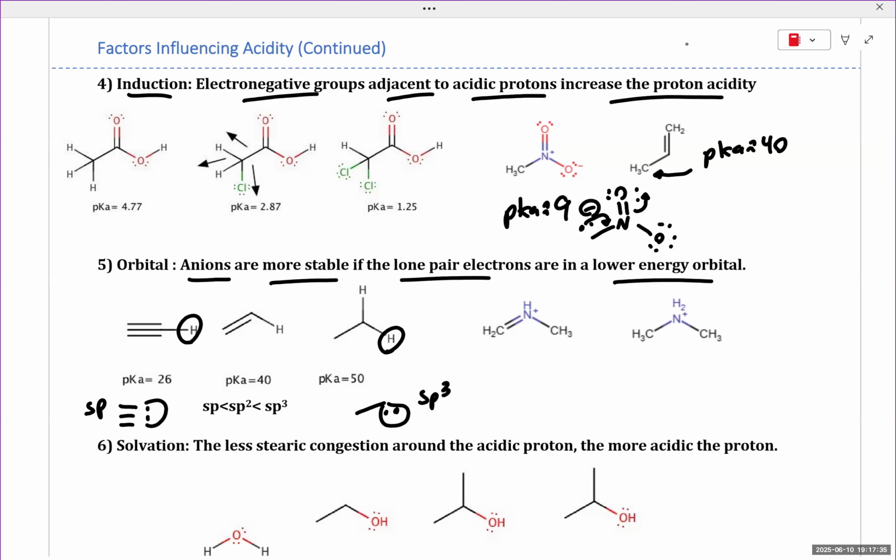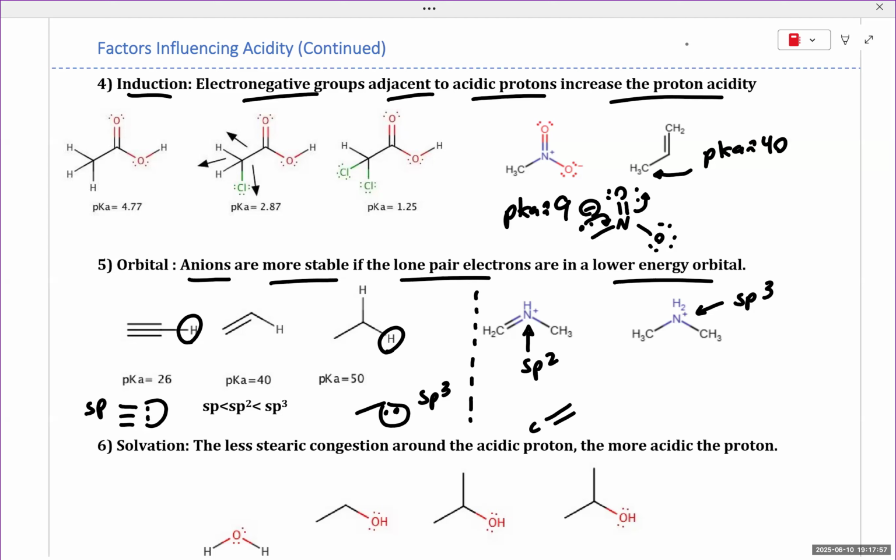Looking at this next example for these two protonated amines, I'd like you to take a moment and think about the hybridization of each nitrogen and the stability of each lone pair. This nitrogen, it has 1, 2, 3 bonded atoms, is sp2. This nitrogen is sp3.